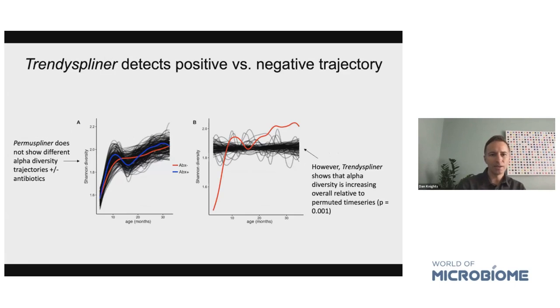And then the final function in this is called Trendyspliner, which just tells you whether a trajectory is increasing over time or decreasing over time. For example, we saw that alpha diversity trajectories were not different between antibiotic exposure groups, but alpha diversity is increasing over time in the infant group.